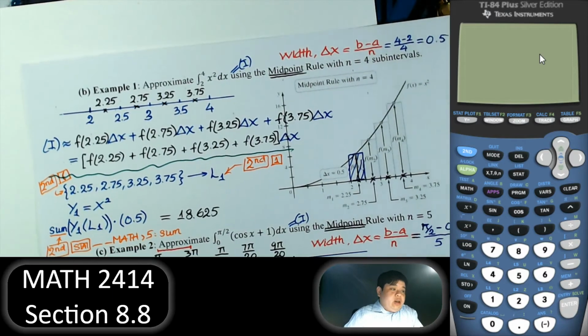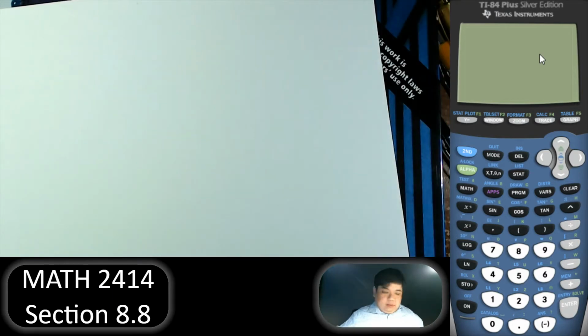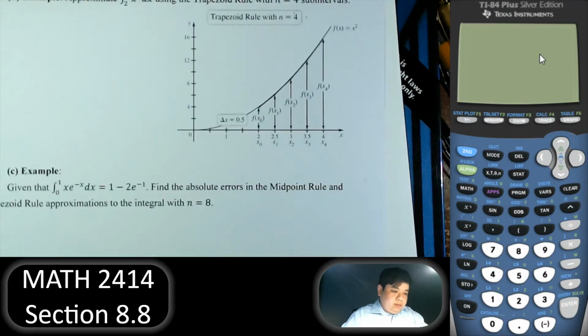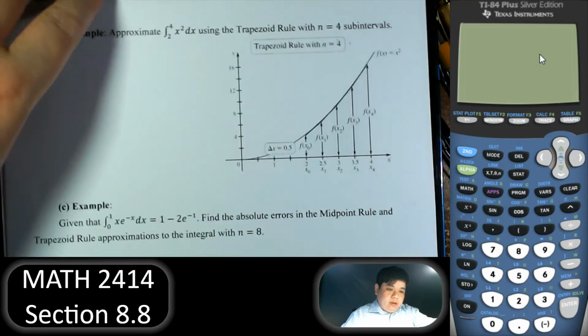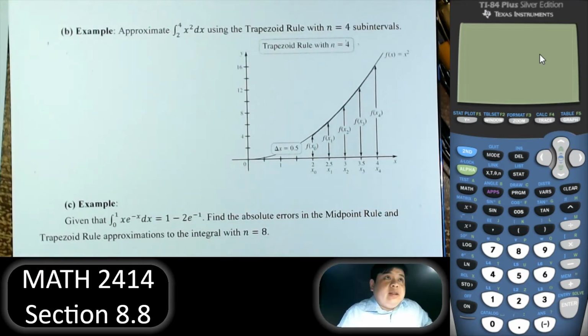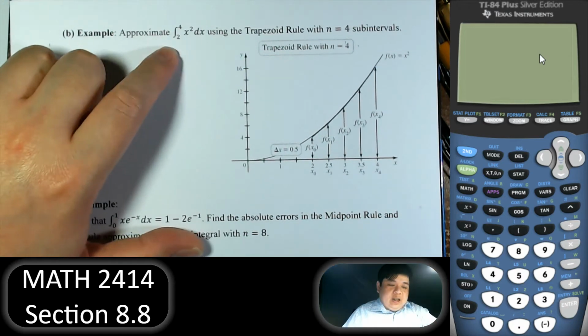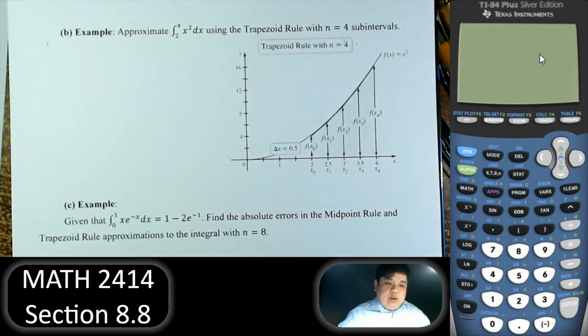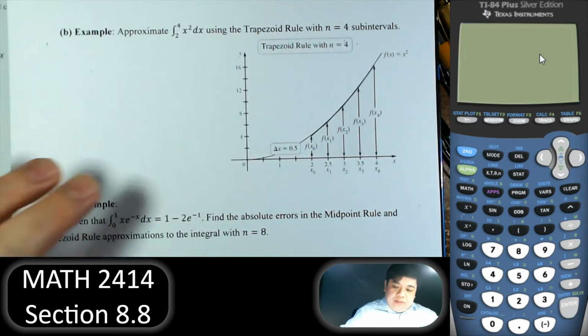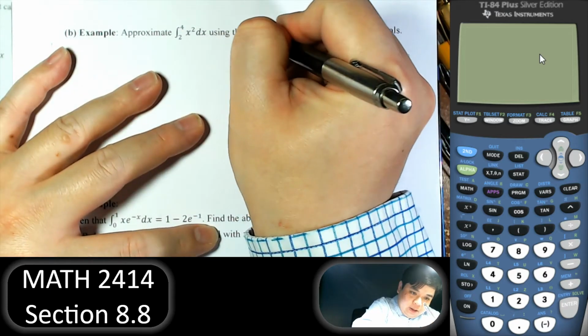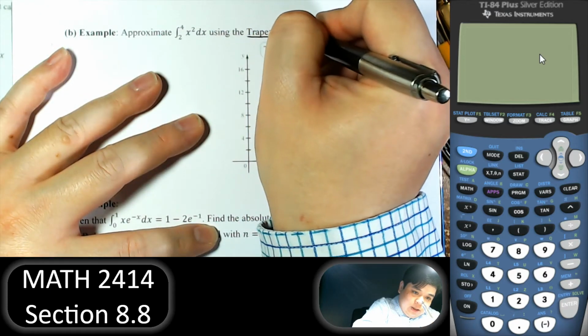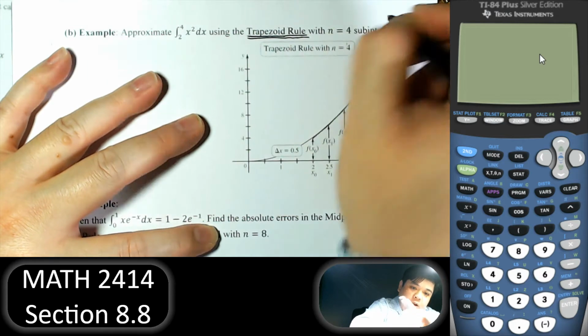Let's look at an example. Again, same problem. Integral from 2 to 4 of x squared. Now use the trapezoid rule for 4 intervals.